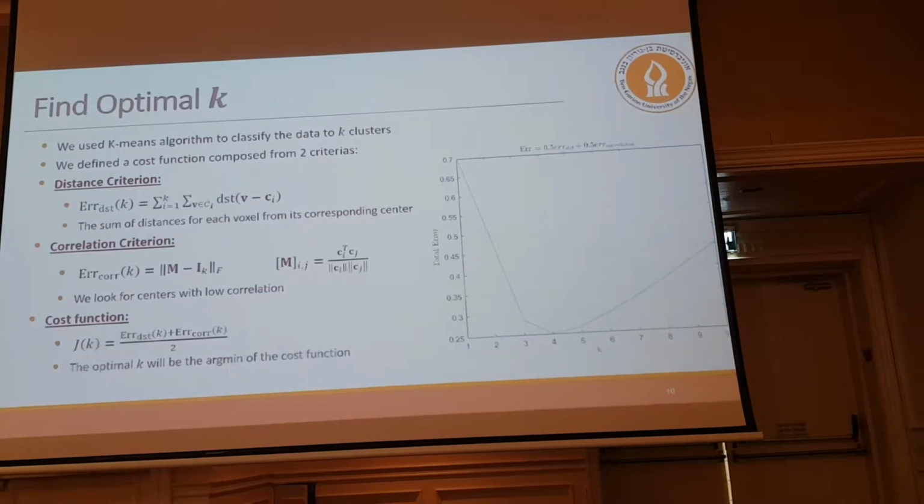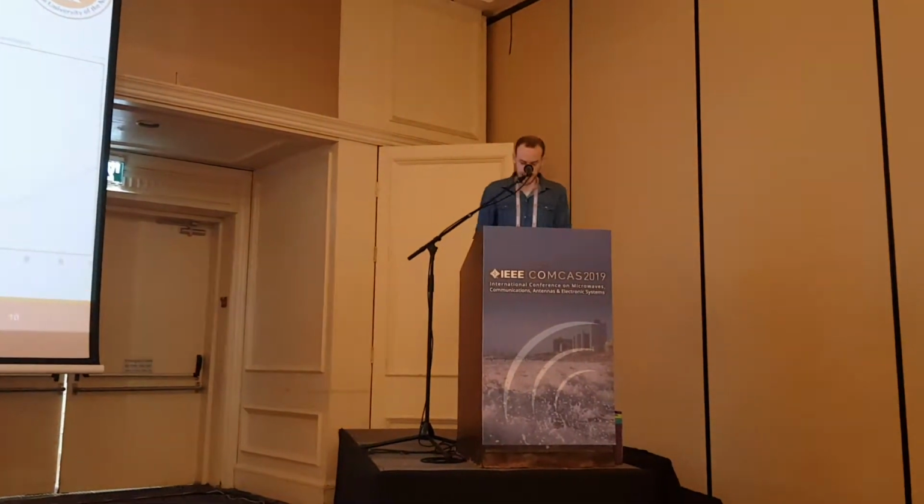The second criterion is the correlation one, which you are seeing here, which checks the measure of correlation between the resulting trends. For this criterion, we want as few correlated centers as possible, otherwise we will use duplicate trends to span our data. So we applied the k-means algorithm for different values of k, and in each iteration we take the k centers, compute the correlation of all centers, put it in a matrix M, and check using the Frobenius norm how close it is to the identity matrix.